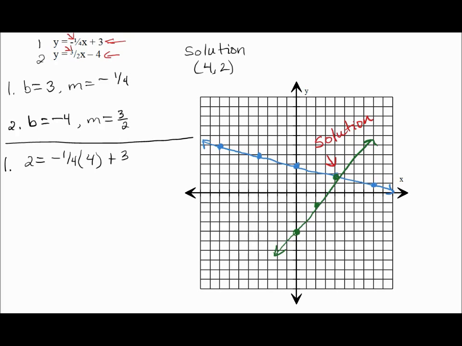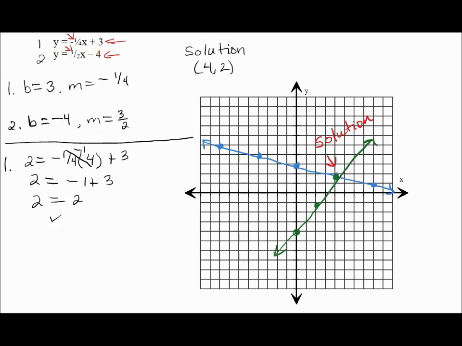Here this cancels out and just becomes a negative 1. So this is 2 equals negative 1 plus 3. Well, negative 1 plus 3 is 2, so it checks out in the first one.